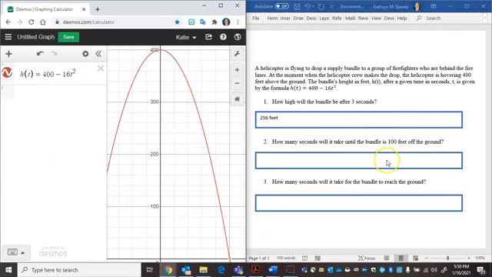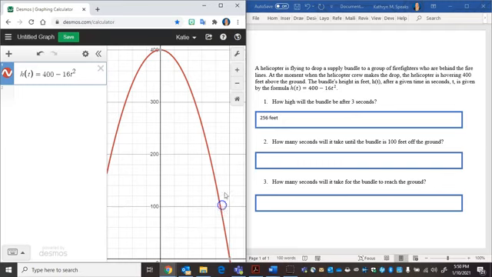How many seconds will it take until the bundle is 100 feet off the ground? So this is my little bundle. It gets dropped at 400 and it's falling, falling, falling, 300, 200, 100. I want to know right here. Now, if I start sliding my little slider, I can't really get to exactly 100 on the dot. It's a decimal number.